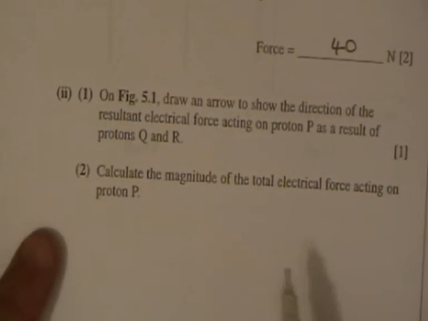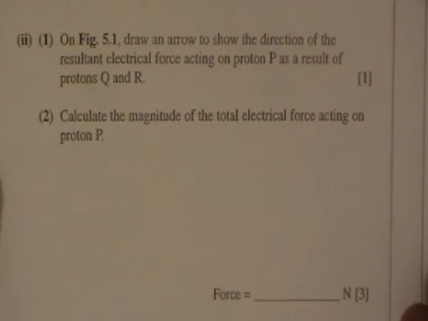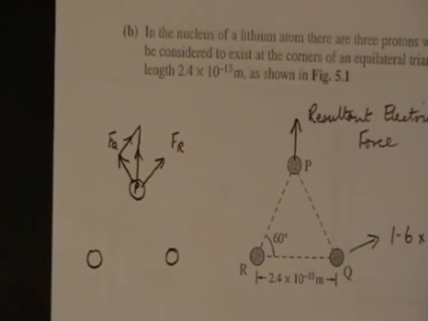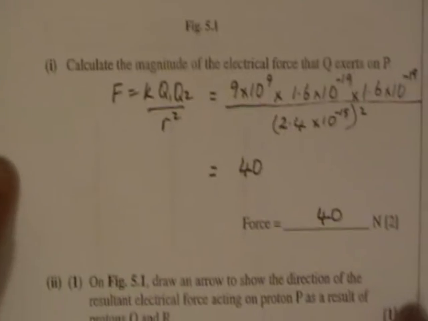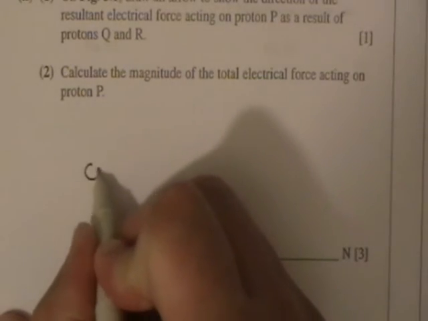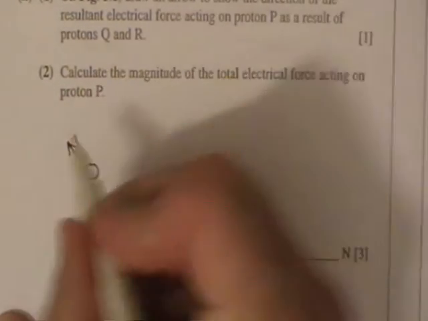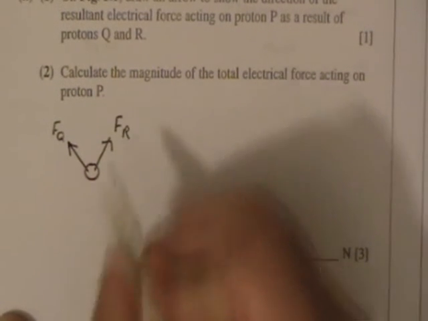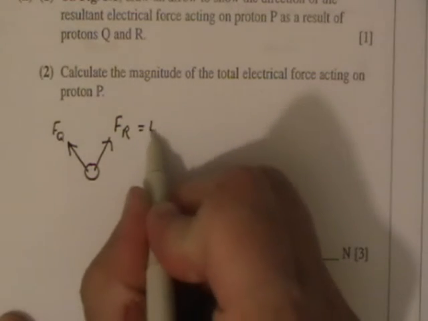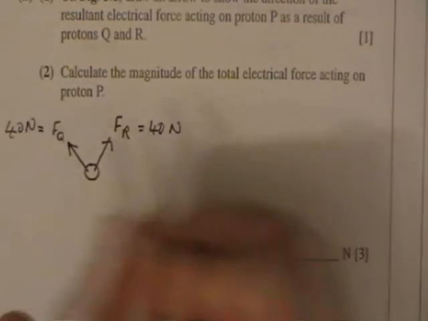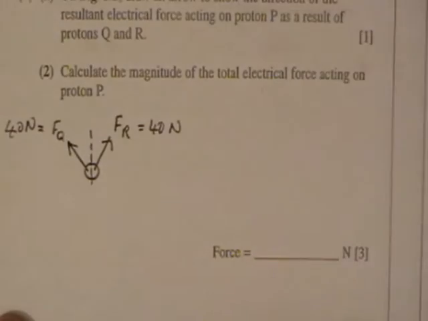Then calculate the magnitude of the total electrical force acting on proton P. Well, for the total electrical force acting on P, we need to go back to this diagram again, so if I redraw that down here, we have the force due to Q, and we have the force due to R. We just worked out that that's equal to 40 newtons, and this one is also equal to 40 newtons. What we need to know now then is, what's the angle?